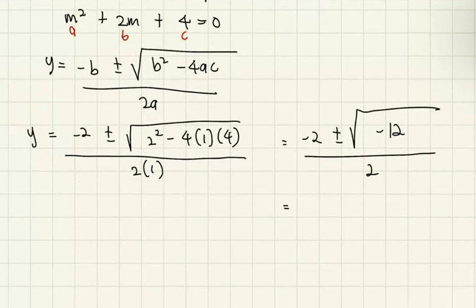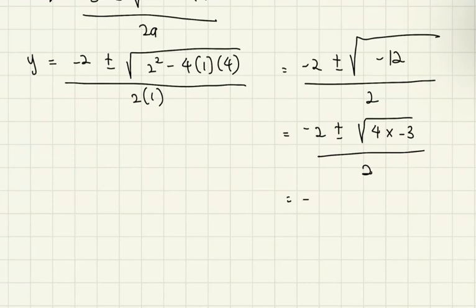So from this one we can simplify it as square root of 4 times minus 3, over 2.